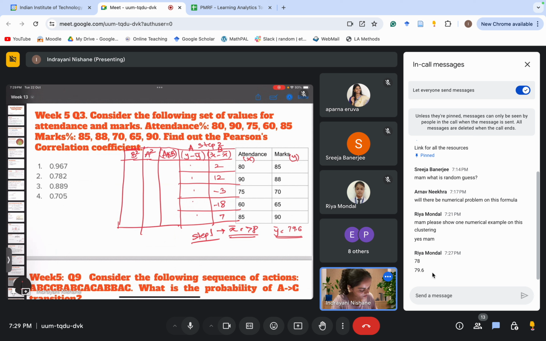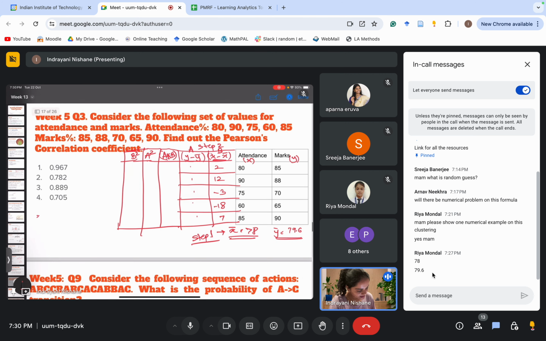Once we have computed the multiplication of x minus x bar and y minus y bar, this will give us the formula value. This is all simple calculation which you have to do. That's why I'm not finding out the numbers here. I'm just telling you the steps. You guys can do it.